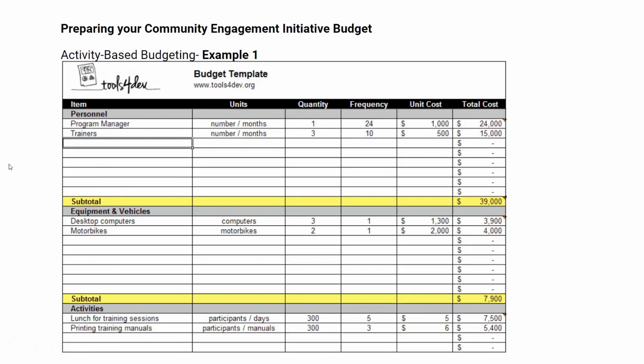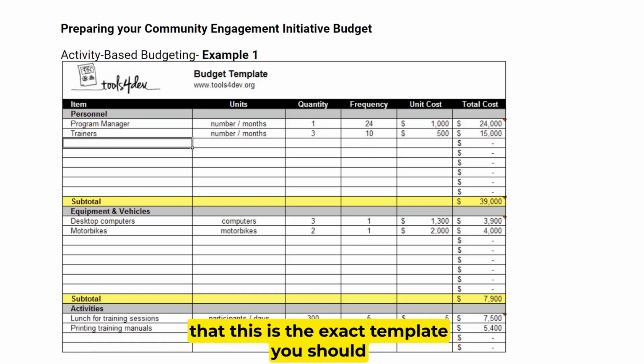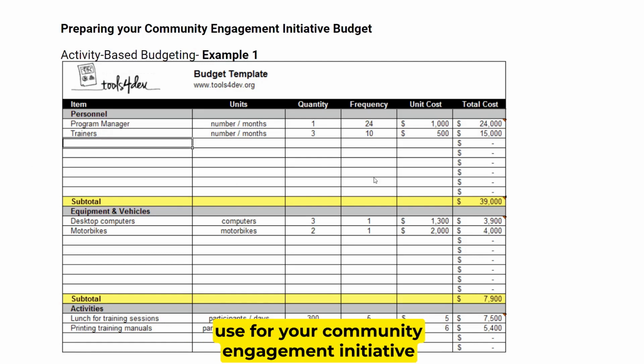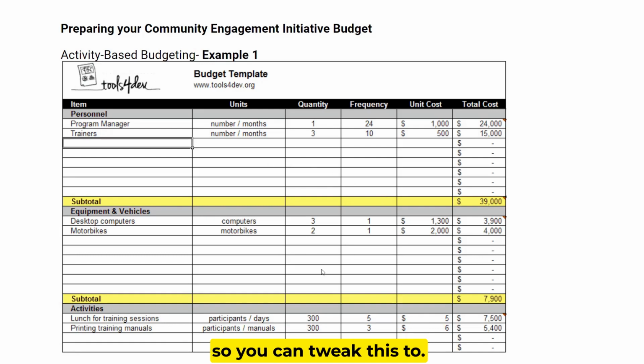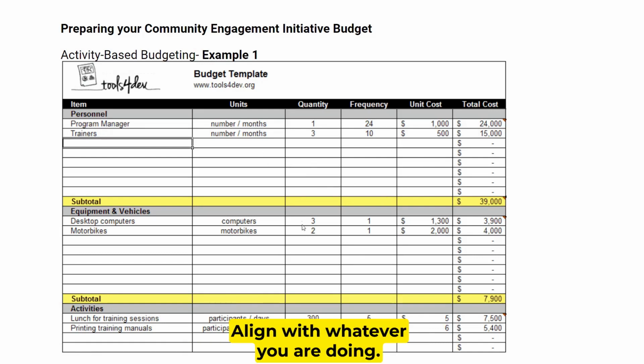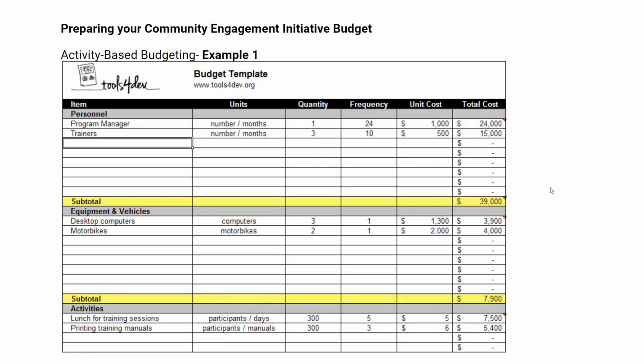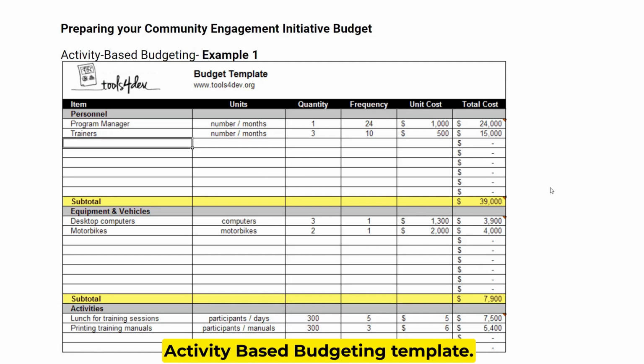So this is an example, and it doesn't necessarily mean that this is the exact template you should use for your community engagement initiative. So you can tweak this to align with whatever you are doing. But this is a standard activity-based budgeting template.